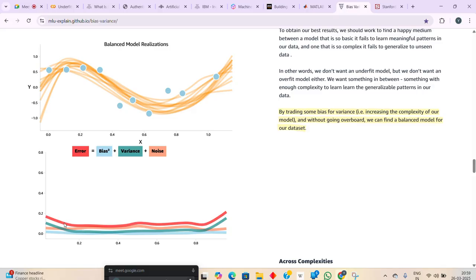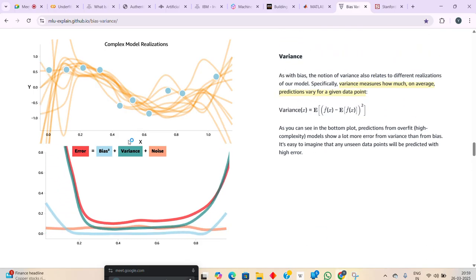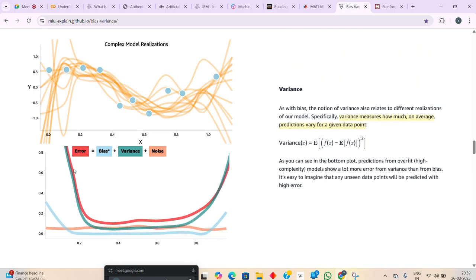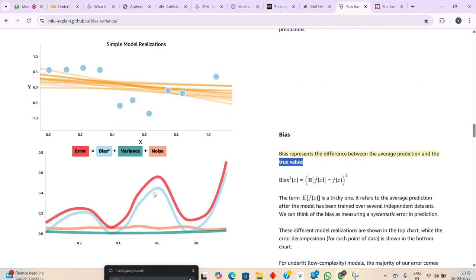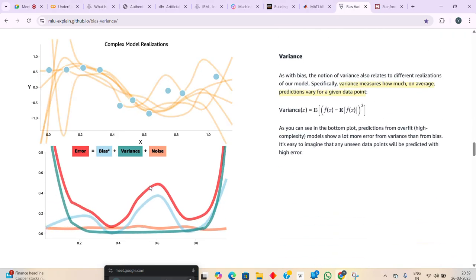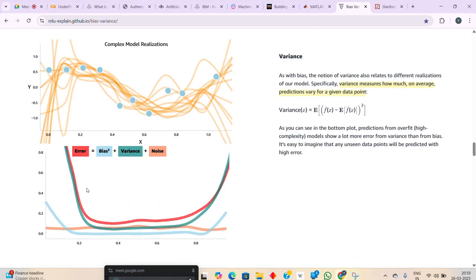Here you can see the red color. But here, if you observe, error is simultaneous with variance. That is why it is called variance. In this situation, error is with the bias curve. Are you getting my points? Error is with bias, that is why it has bias. But in variance, it is with variance, green color.